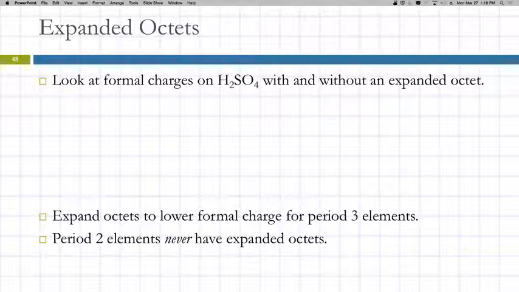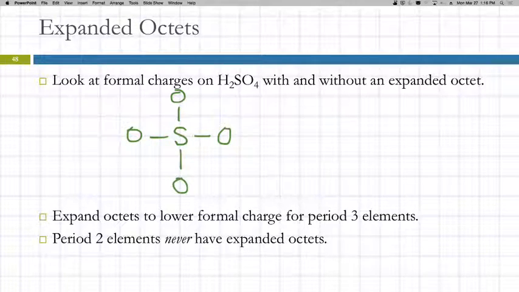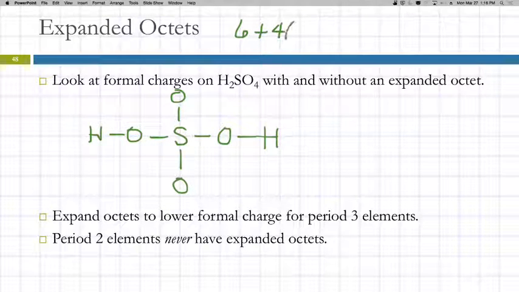Okay, let's look at sulfuric acid. So it's going to be like this. Might start out like that. Number of electrons, sulfur has 6, 4 oxygens each have 6, 2 hydrogens each have 1.